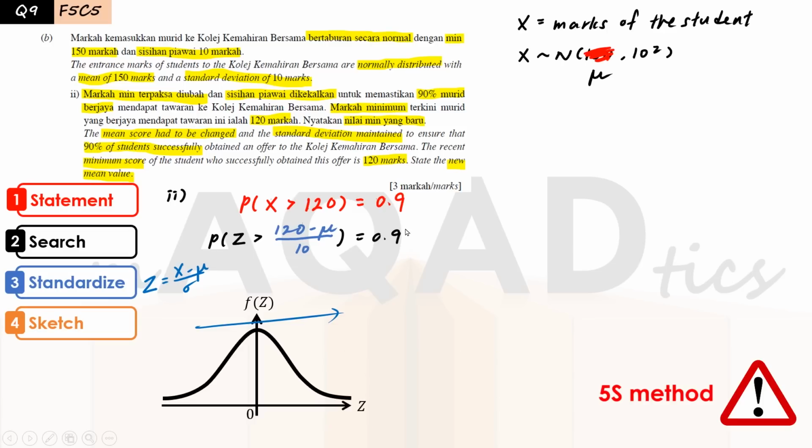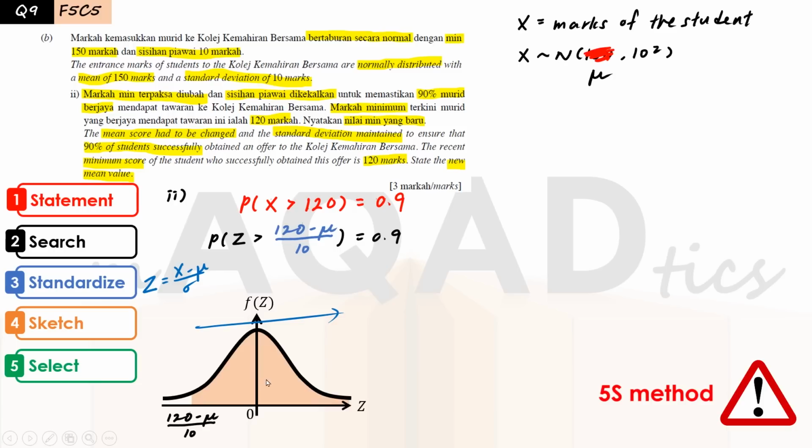Because this value is even larger, the value of z here would be much to the left. It's somewhere here. So we are going to sketch it from here to the right side, and this would be our sketched region for our area.